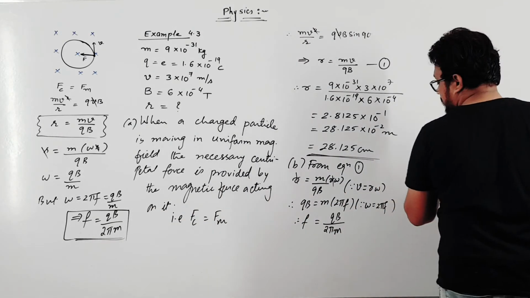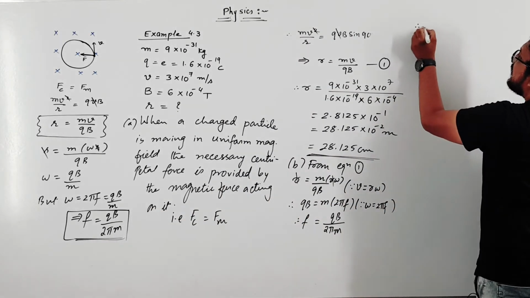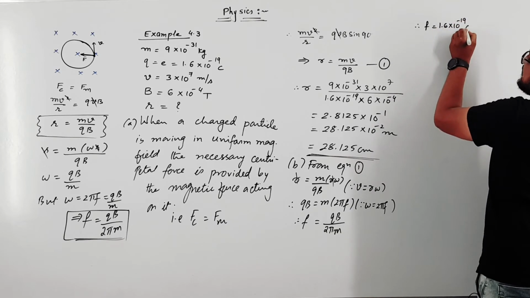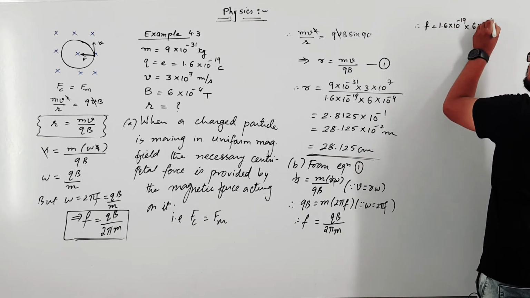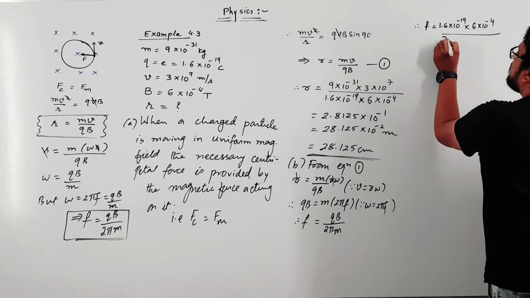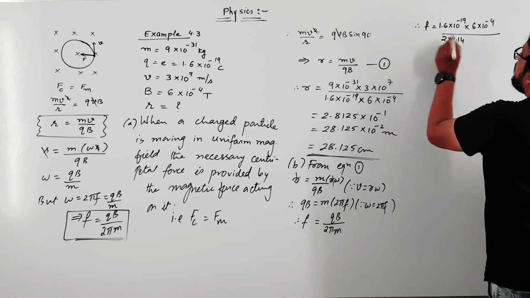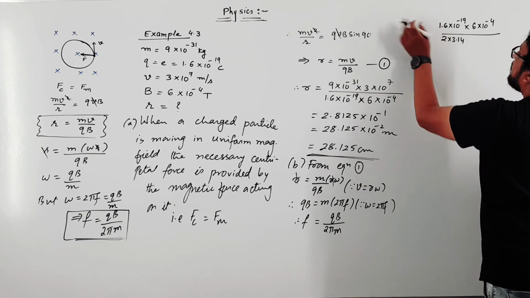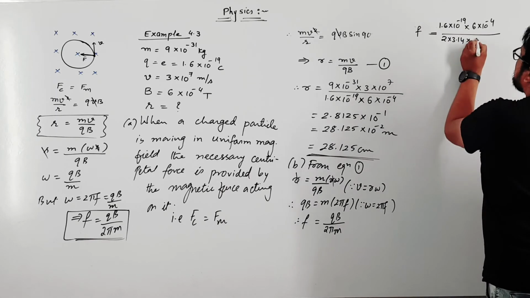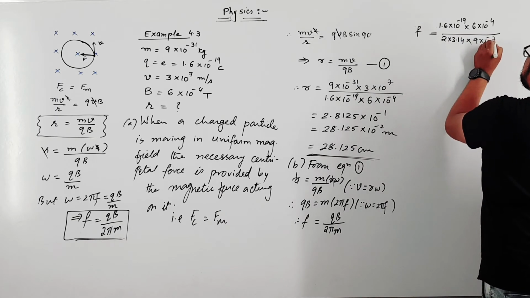So therefore f will be equal to q is 1.6 into 10 to the power minus 19, B is 6 into 10 to the power minus 4, qB over 2 into pi is 3.14 into m is 9 into 10 to the power minus 31.